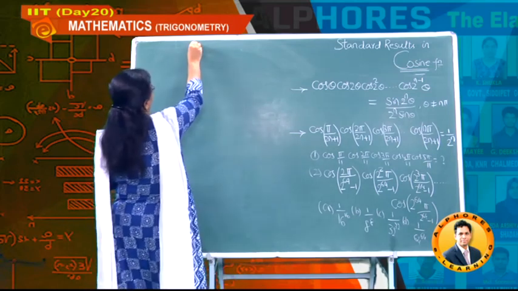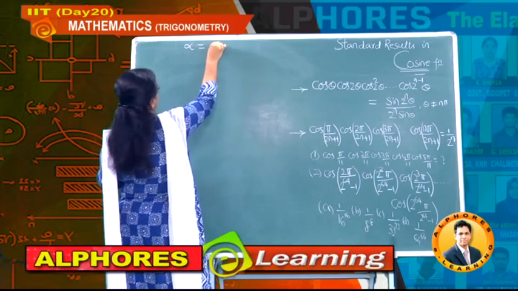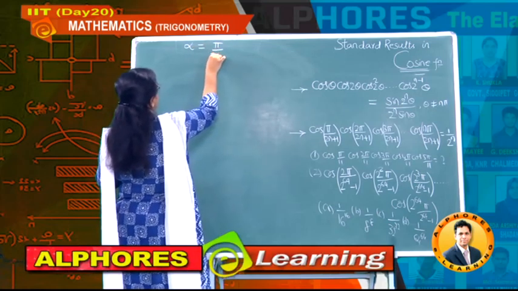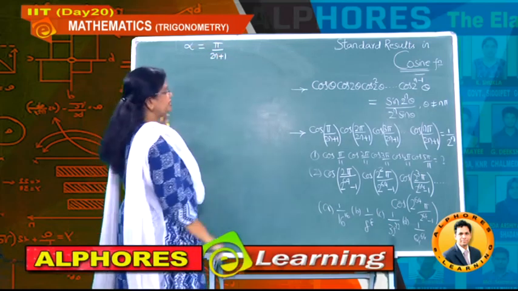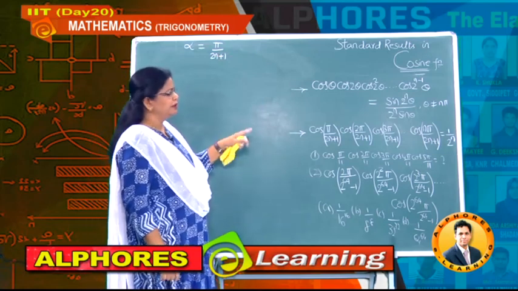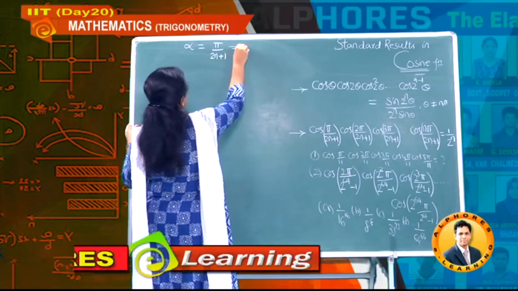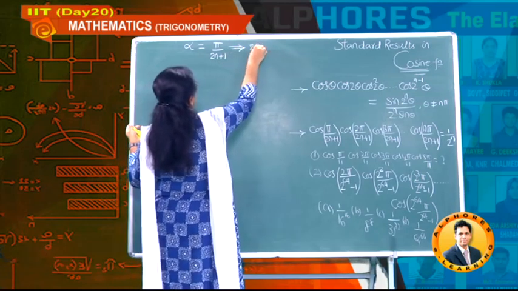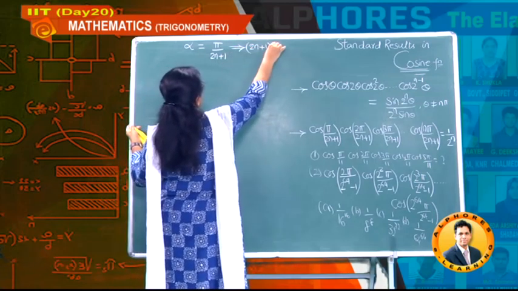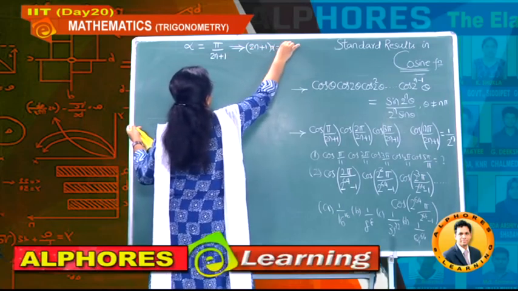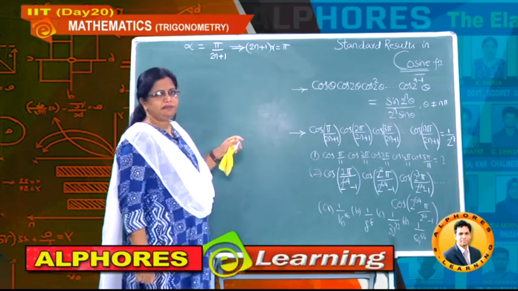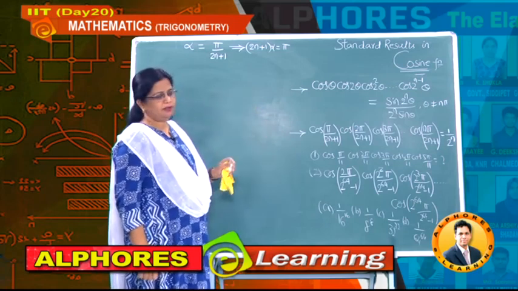So what is your alpha, students? It is nothing but pi divided by 2n plus 1. So this is your alpha. First value you always take as alpha. That implies 2n plus 1 into alpha is equal to pi. This is the first assumption we have taken.